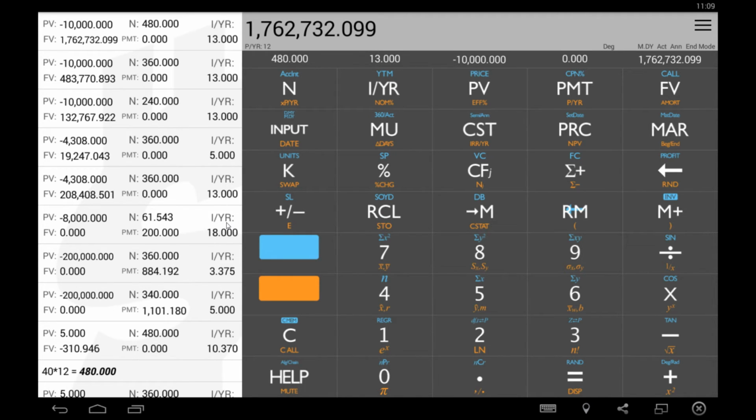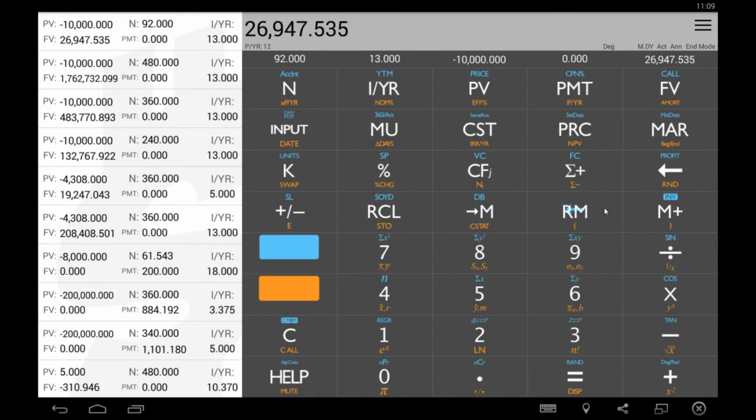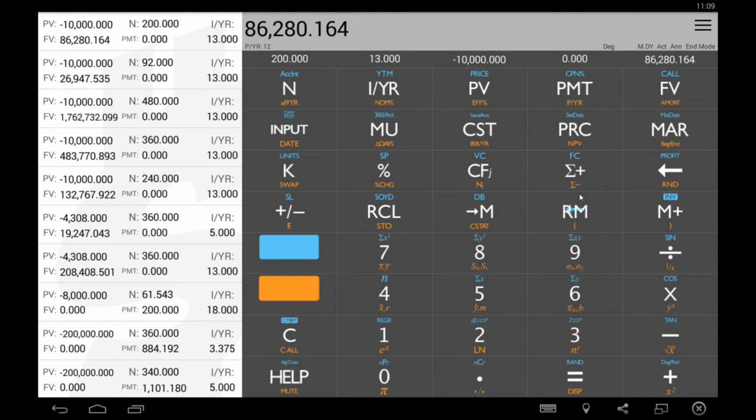Let's use N to solve for the future value to find out what an account should be at any point in time. Let's say with this $10,000, we want to know where we can approximately be in 92 months. $26,000, not bad. Let's say 200 months. $86,000.